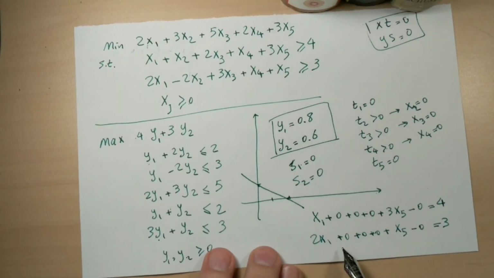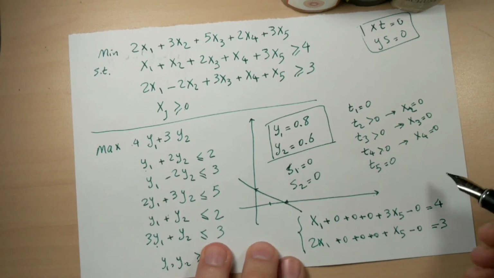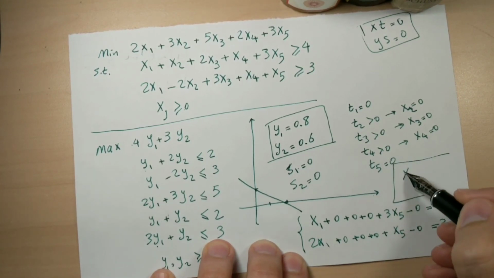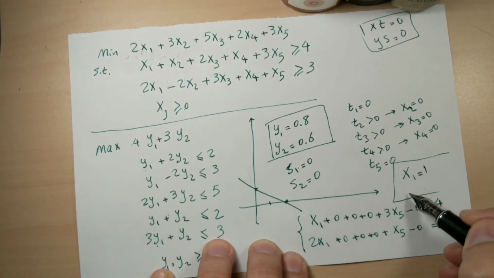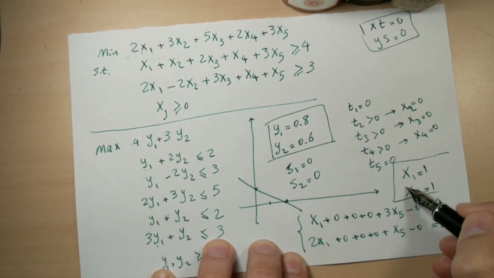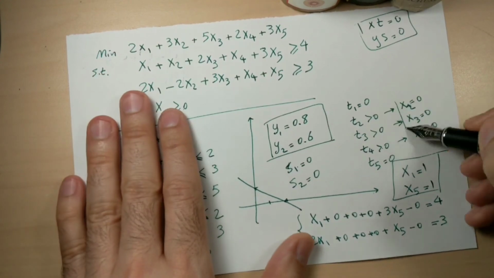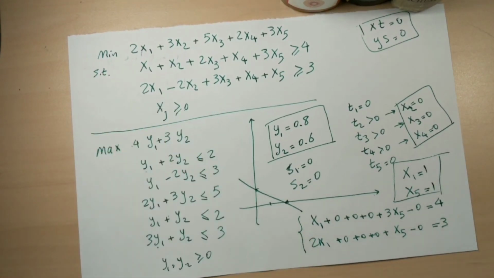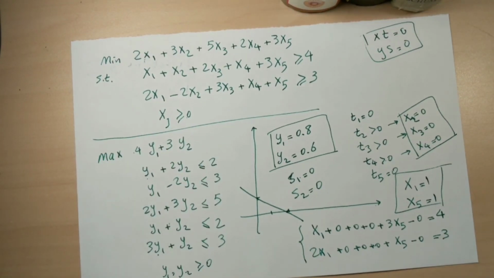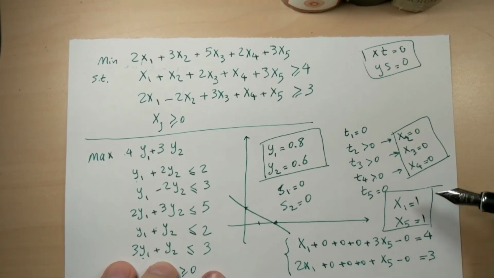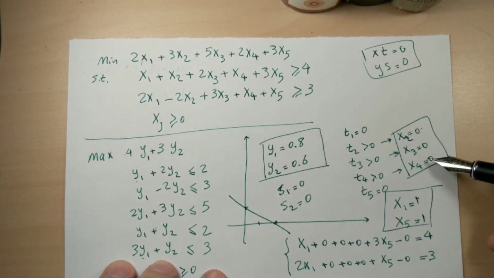So this is the system of equations. You have x1, x5, two unknown variables, two constraints. You can find x1 and x5. After solving that, x1 will be 1, x5 will be 1. So the optimal solution of the primal problem through the graphical method, you didn't need to solve it through the simplex algorithm, is 1 0 0 0 1.